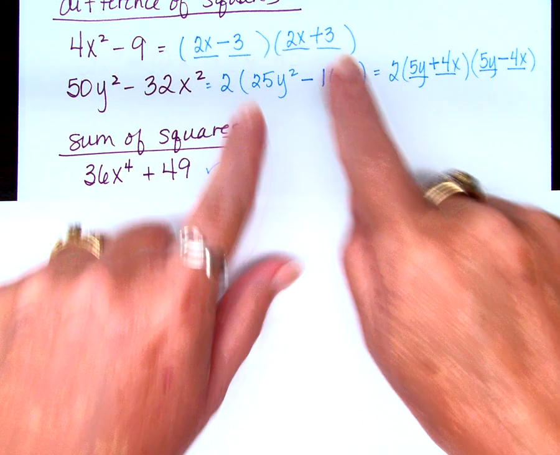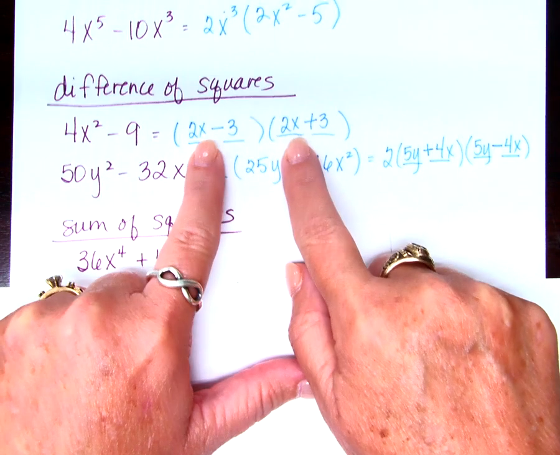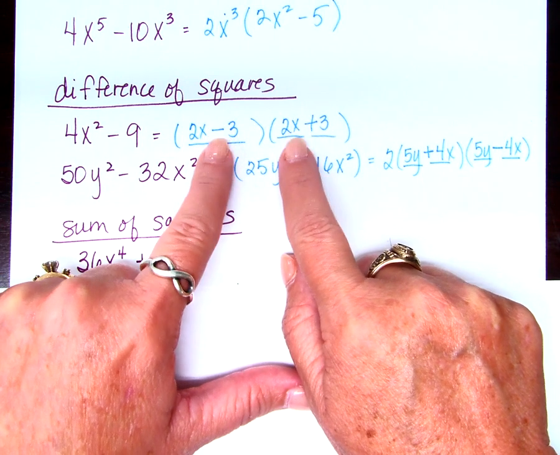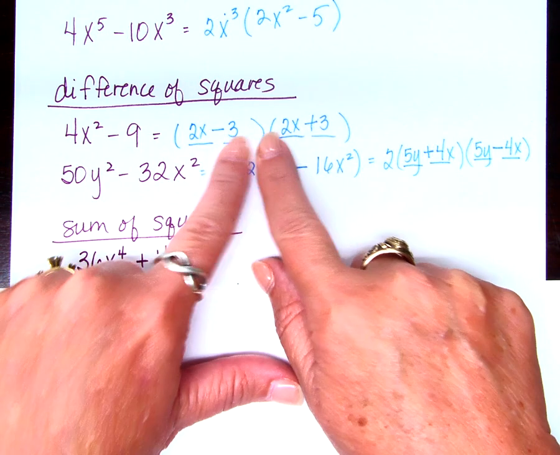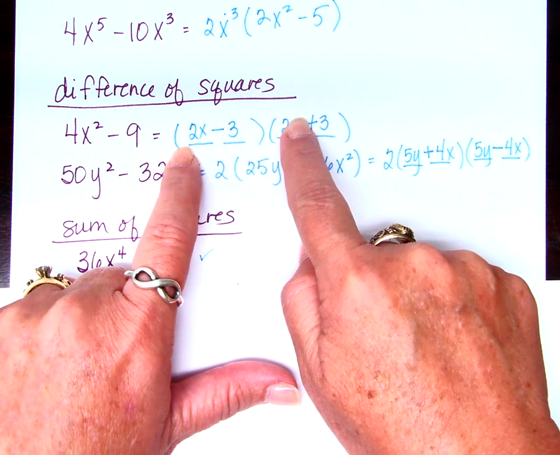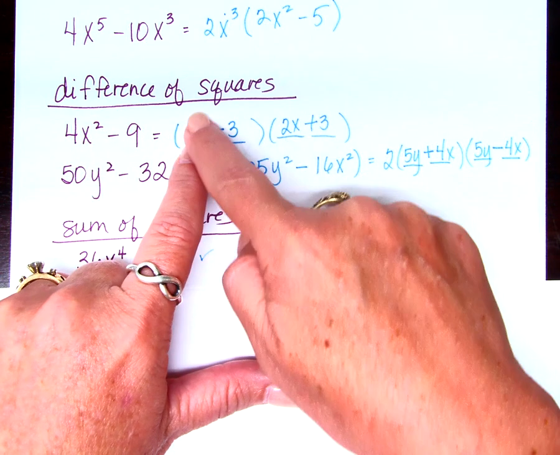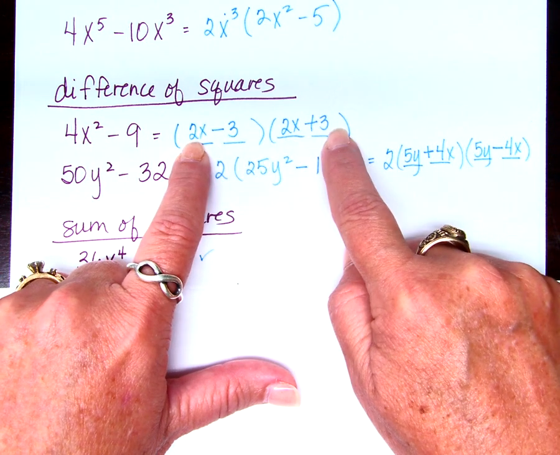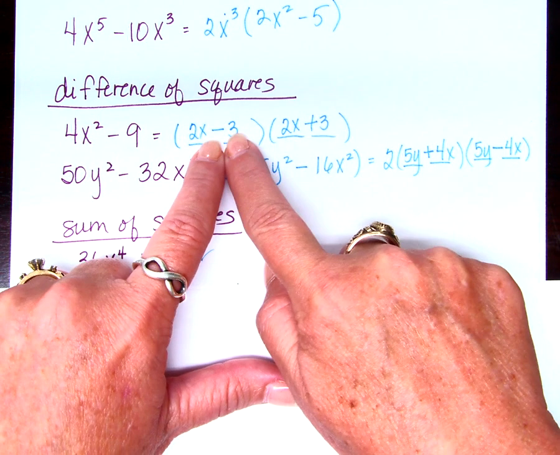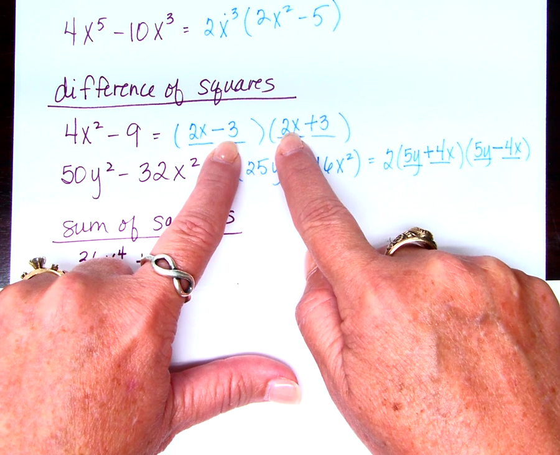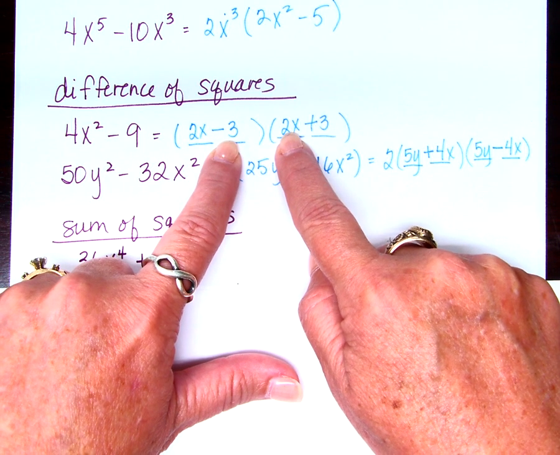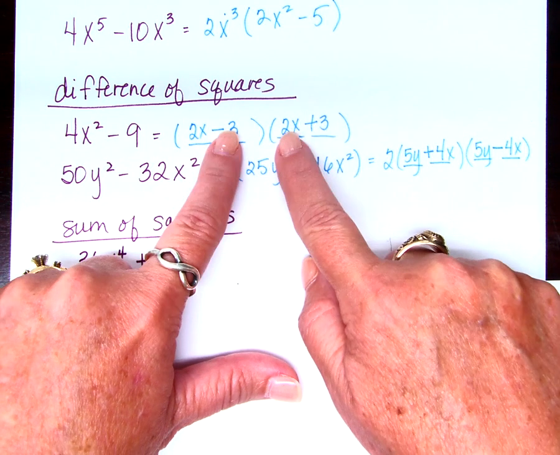Think about this real quick. I'm going to go back up to this one, right? If I took these two answers and multiplied them together, I would distribute, right? 2x times 2x equals what? 4x squared. 2x times 3 equals what? 6x. Negative 3 times 2x equals what? Negative 6x. So what happens with the positive 6x and negative 6x?